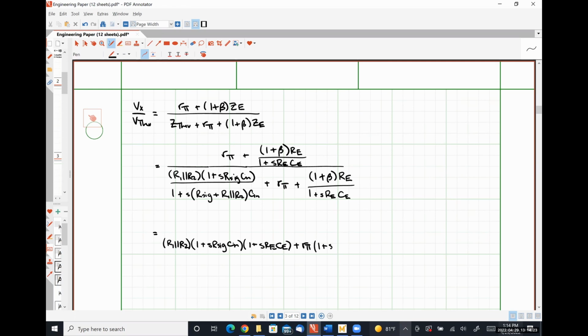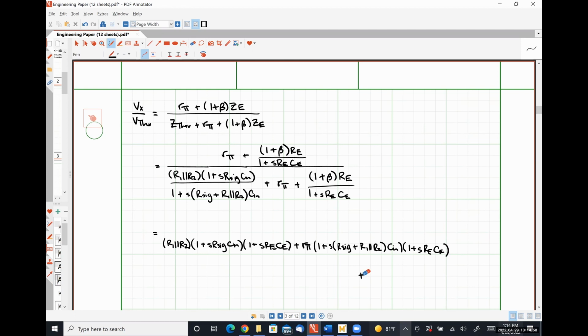1 plus s (Rsig plus R1 in parallel with R2) times Cn times 1 plus, excuse me, I got ahead of myself here, s RE CE. I'm running out of room for the denominator, so the rest of it is going to go down here.